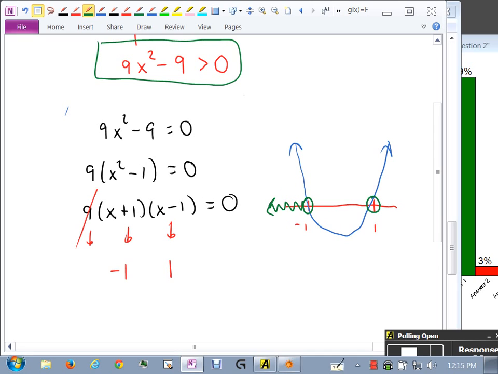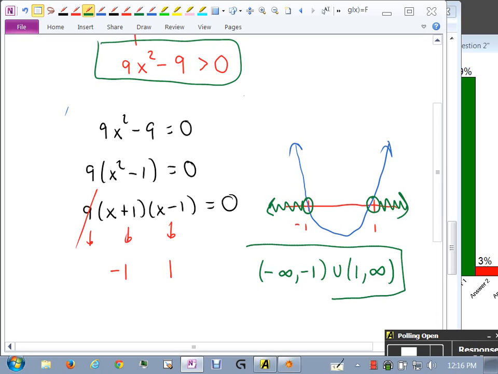Don't include 1, but everything out this way. How do I say this in interval notation? Negative infinity to negative 1, union 1 to infinity. Box it up, and you'll be done. Any questions at all?